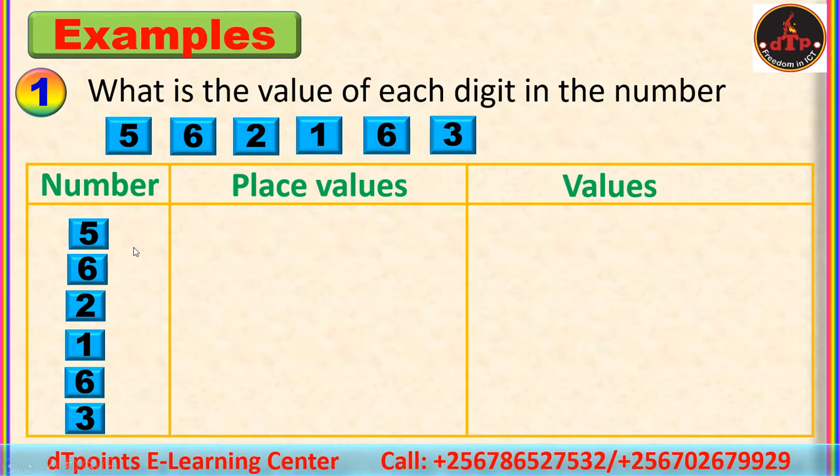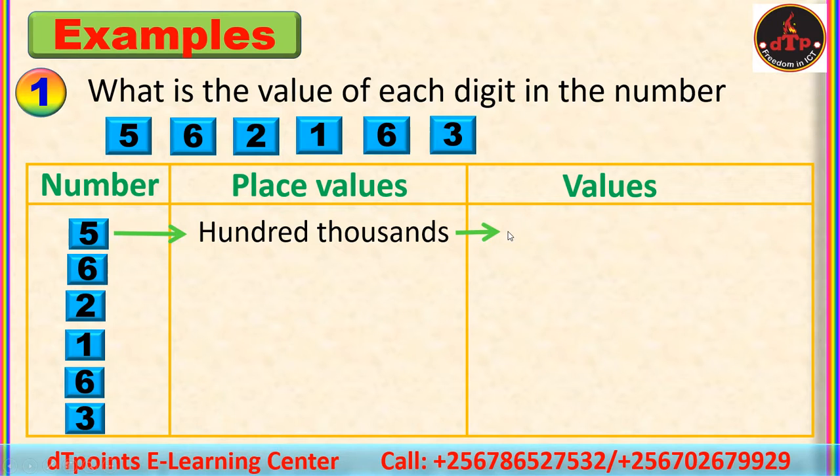So now the next thing we shall do is proceed to look at place values. 5 is under the place value of 100,000. Remember, in the previous lessons, this is what we had already seen, types of place values. This 5 here belongs to 100,000. Are we together?